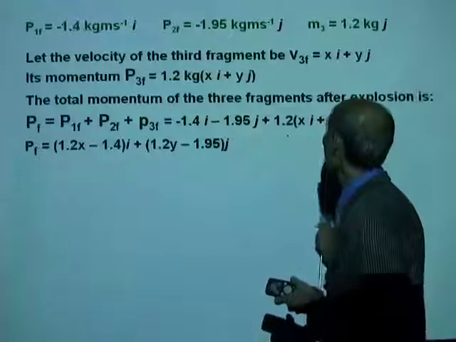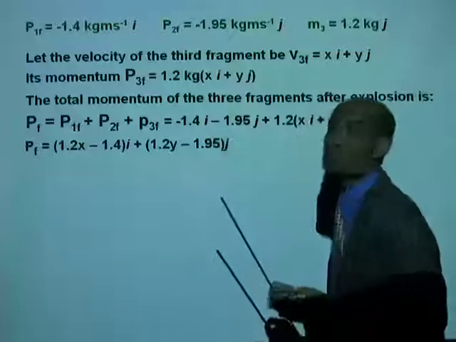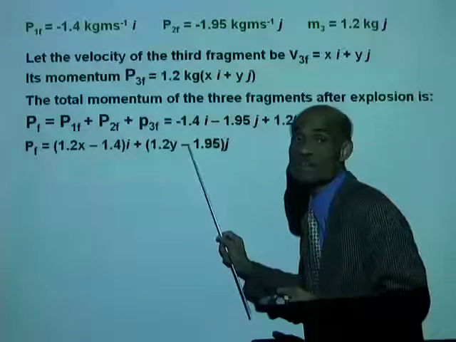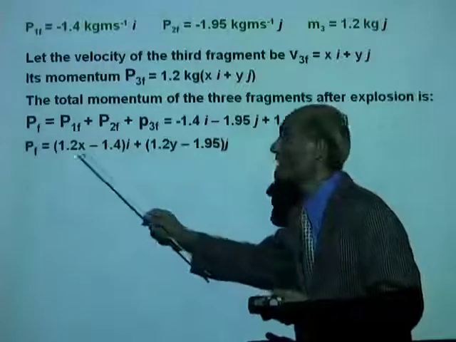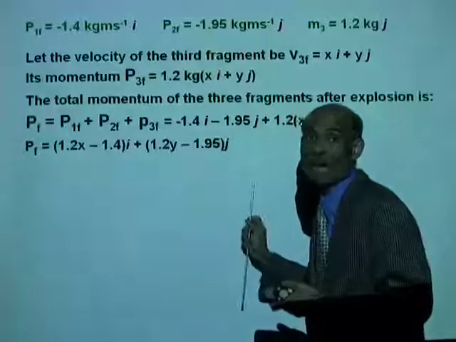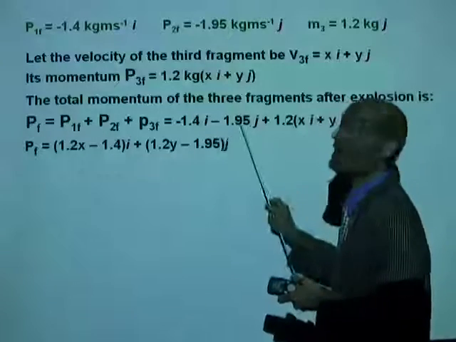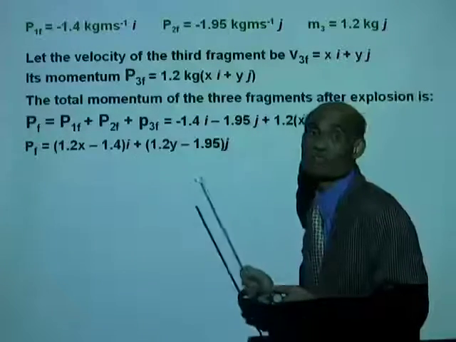That would be 1.2y minus 1.95j. This is the most important step here. The final momentum in the component form. We added the x components of all this and then the y components to obtain this.